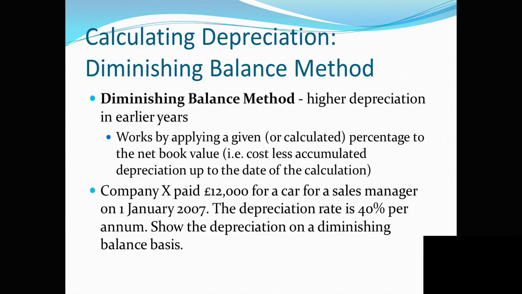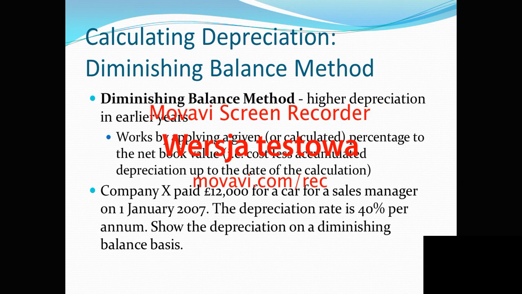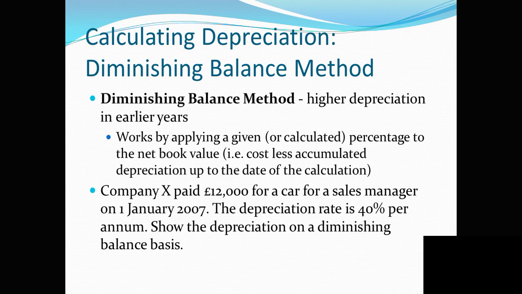So one example is company X paid 12,000 pounds for a car for a sales manager on January 1st, 2007. The depreciation rate is 40% per annum. Show the depreciation on a diminishing balance basis. So for example, for the first year, your depreciation expense will be 40% of 12,000 pounds.